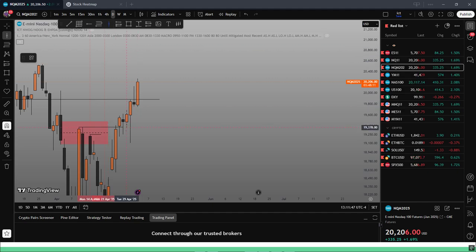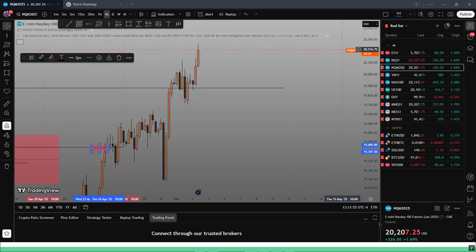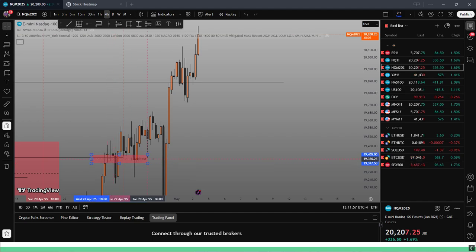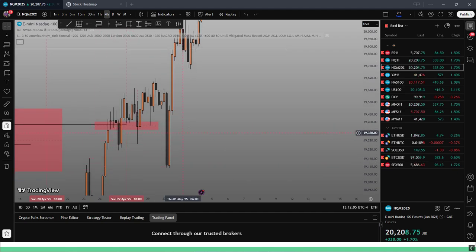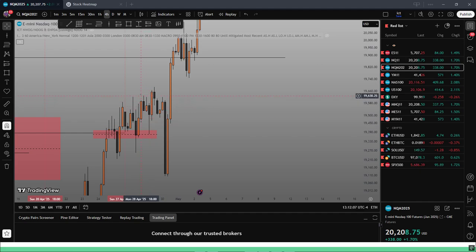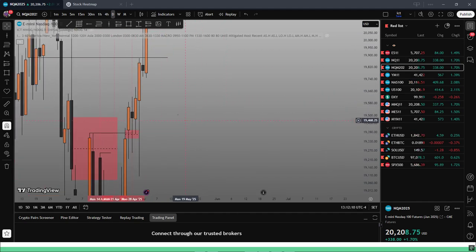Monday opens up. Tap into this daily imbalance. Also this 4 hour gap. We consolidate. As you can see, we consolidate.